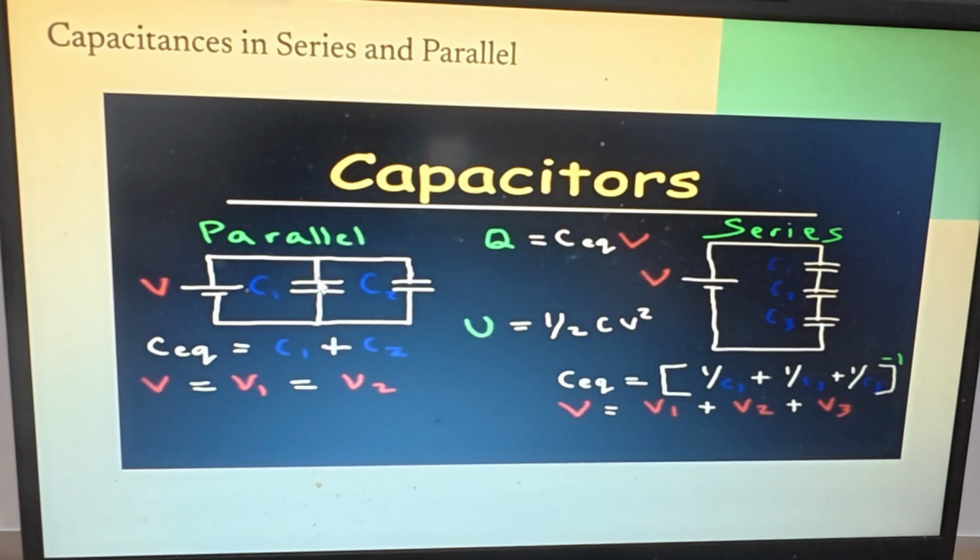Because these capacitances are in parallel, the voltages are the same. V1 is the voltage drop across this capacitor, and V2 is the voltage drop across this capacitor, and they're the same. V1 is equal to V2, and it's equal to V, which is the battery voltage.